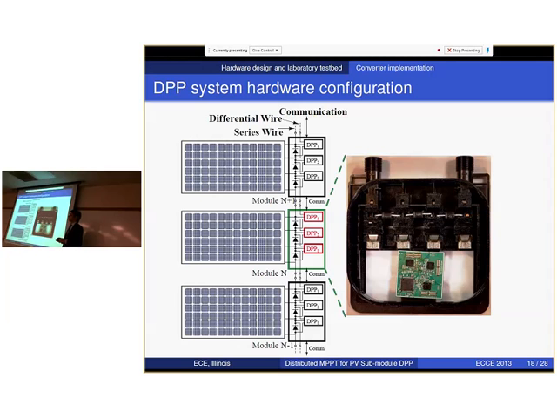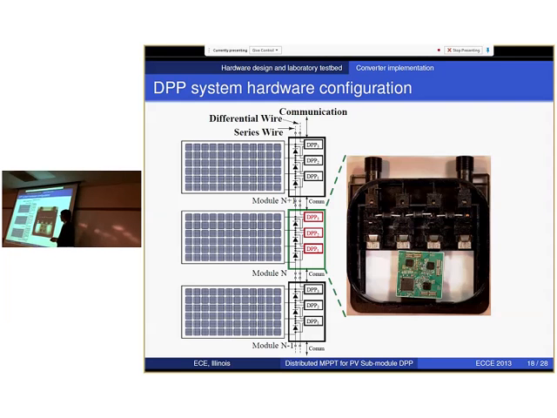Because we are trying to perform submodule-level maximum power point tracking, in each junction box we need to integrate 3 DPP converters. 2 of them balance the mismatch within a PV module, and another one needs to reach across to the first submodule in the next PV module.